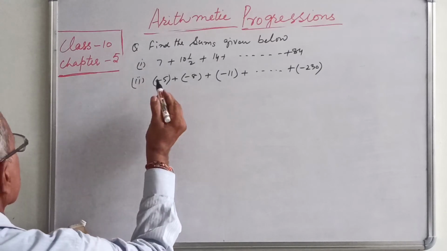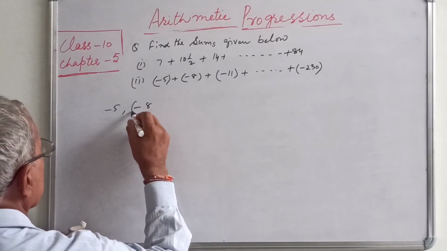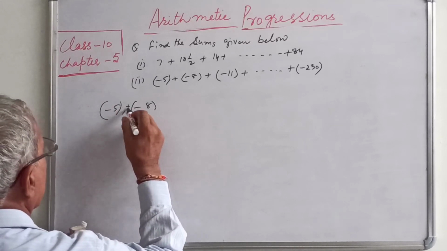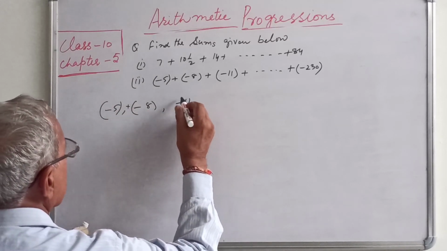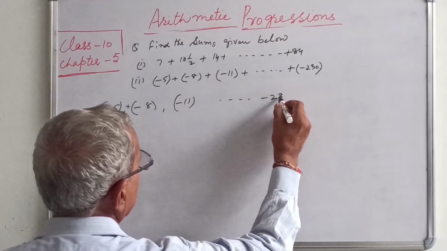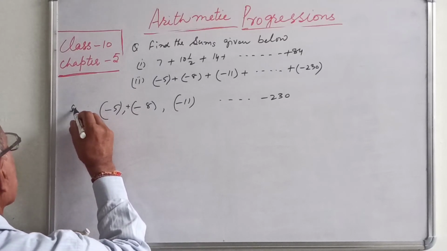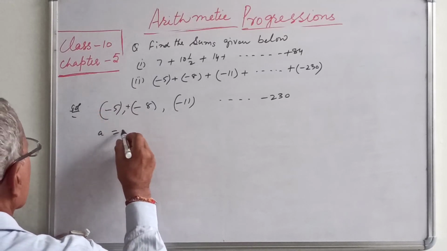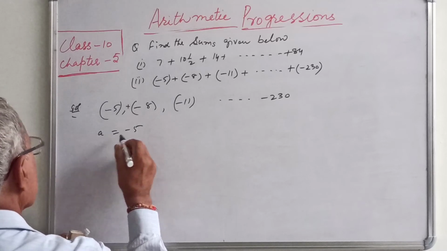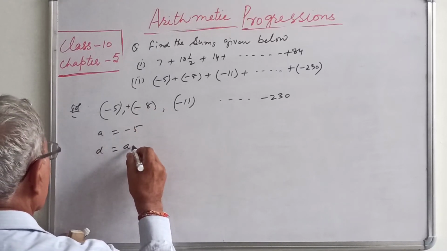Next part is given AP is minus 5, minus 8, minus 11, and the last term is minus 230. So A is equal to minus 5, A2 is minus 8, so D will be A2 minus A1.